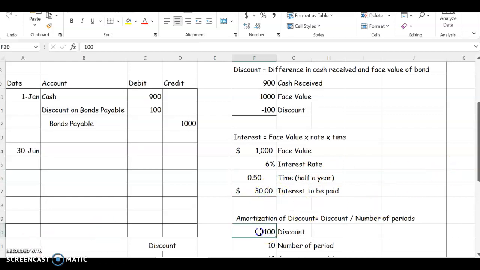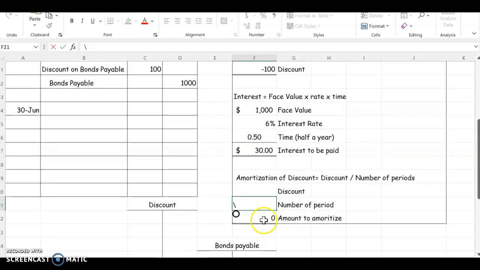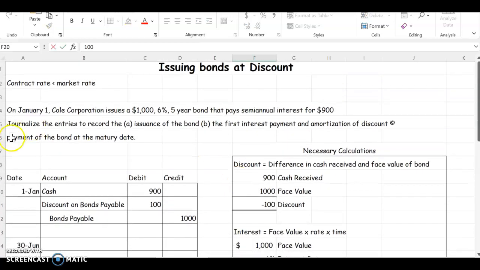All right, we're going to amortize the discount, and it's the discount divided by the number of periods. Well, we know the discount is $100. The number of periods: we are going to amortize it when we pay the interest, so that's twice a year for 5 years.